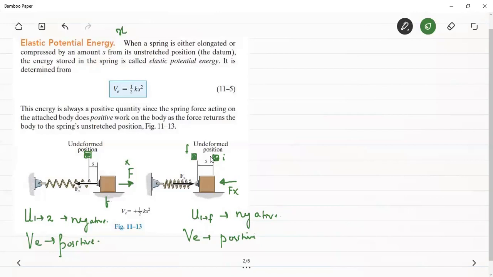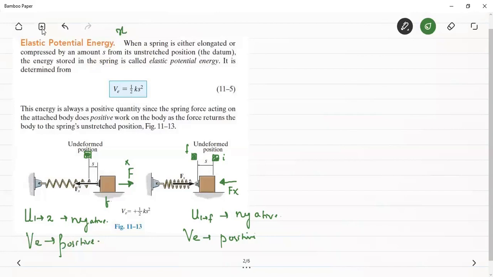But once the external forces are released, the spring force has the capability of doing the positive work because it will try to bring the system back to its original state, or rather the undeformed state. Therefore, it has a capability of doing the positive work, hence the energy stored in the spring is always positive. We can say that the elastic potential energy is always a positive quantity.